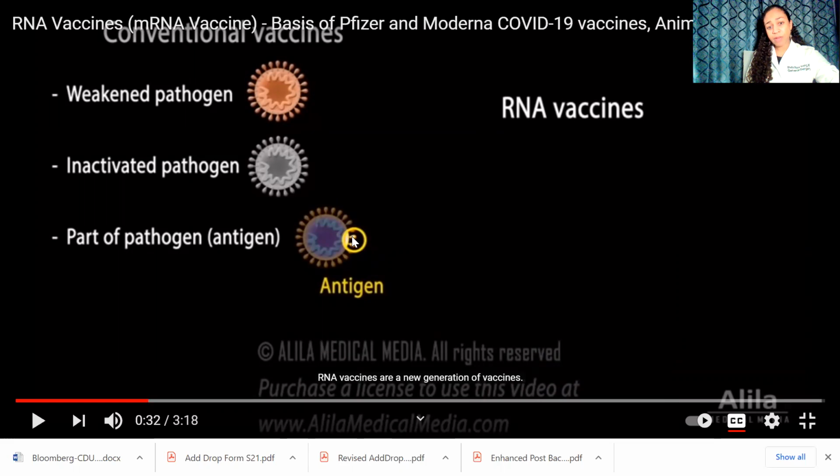So if this is the coronavirus, the spike protein here, and also a part of the nucleocapsid, that's this circle that's around this squiggly mRNA that is here inside of this cartoon of a pathogen. So essentially, your body will create antibodies to the particles that you see here. These are proteins. So this is the conventional type of vaccines that we have.